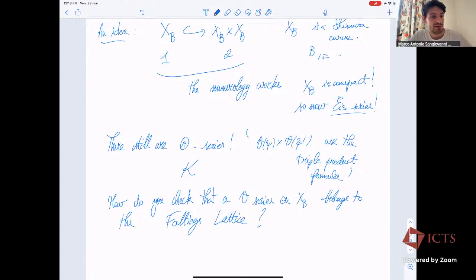Either you have to compute the values of this theta series at a Zariski-dense set of CM points, or you compute a q-expansion at some point of the Shimura curve, but you need to have an integral normalization in the family of theta series. And without q-expansions, I really don't know what to compute.